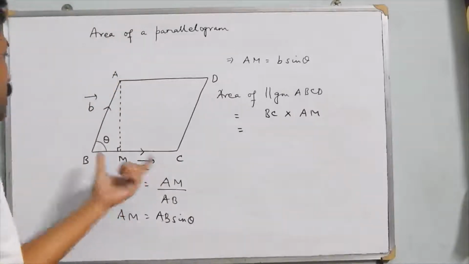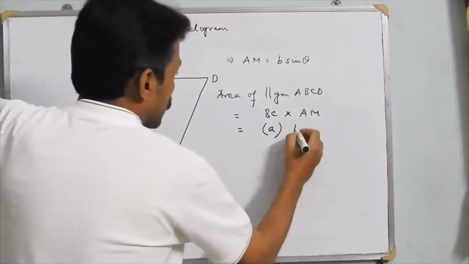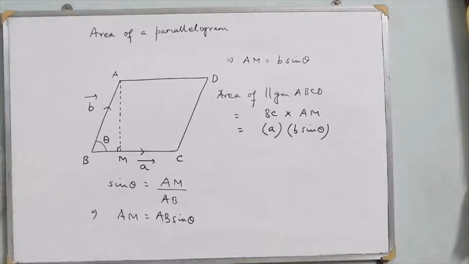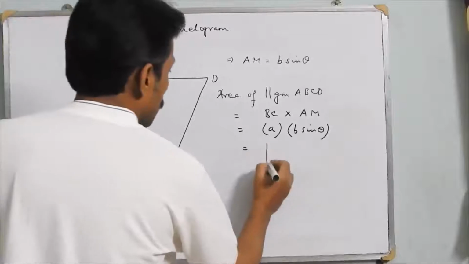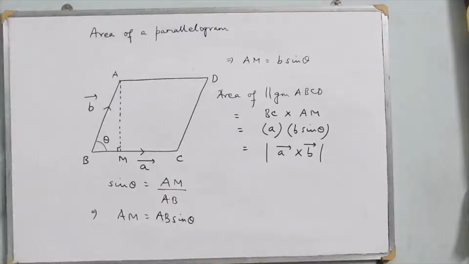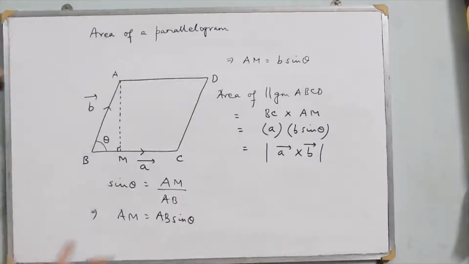BC is the magnitude of the side A, so that is A, and AM is B sin theta. So if you remember, cross product of two vectors was AB sin theta n hat. Now we get the magnitude of this one, so this we can write as modulus of A vector cross B vector. So the conclusion is that if the adjacent sides of a parallelogram are represented by A vector and B vector, then its area is the modulus of the cross product of the vectors. This is how we can find the area of any parallelogram.